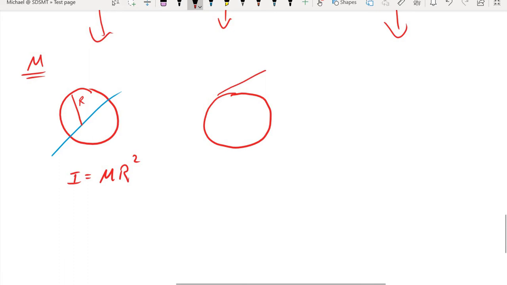Next, we have a cylindrical hoop, and the cylinder has a given thickness. There is an inner radius of r1, an outer radius of r2, and a length of L. In comparison to the thin hoop, the hoop doesn't really have a thickness between the inner and outer radius, and it doesn't really have a length.